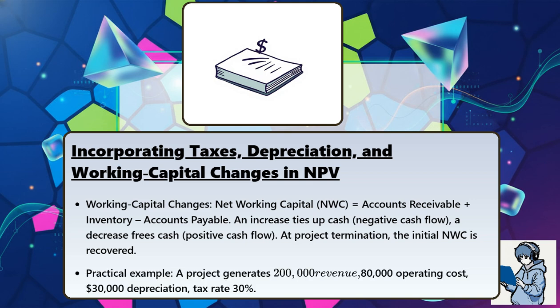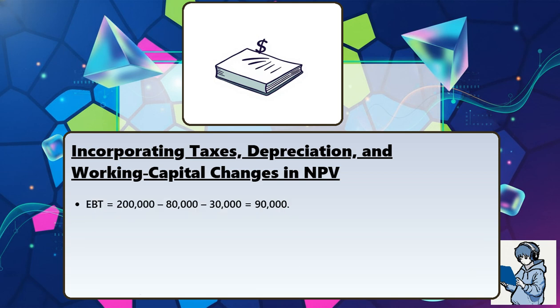Practical example: a project generates $200,000 revenue, $80,000 operating cost, $30,000 depreciation, tax rate 30%. Earnings before tax equals 200,000 minus 80,000 minus 30,000 equals 90,000. Tax equals 27,000. Net income equals 63,000.